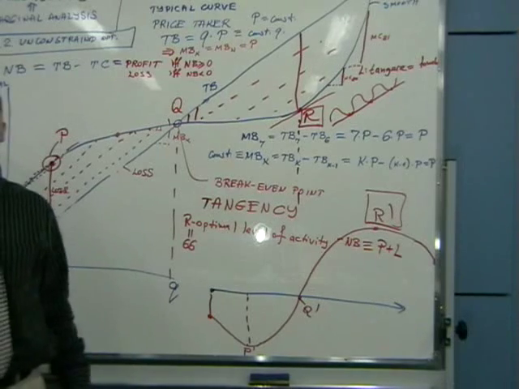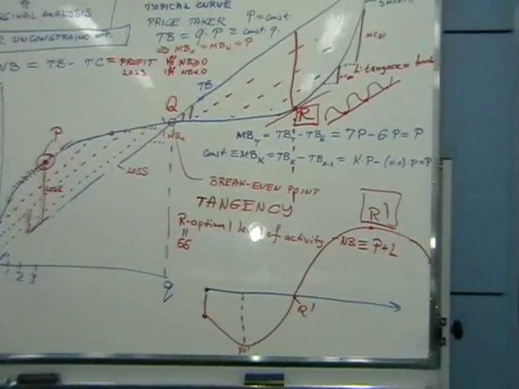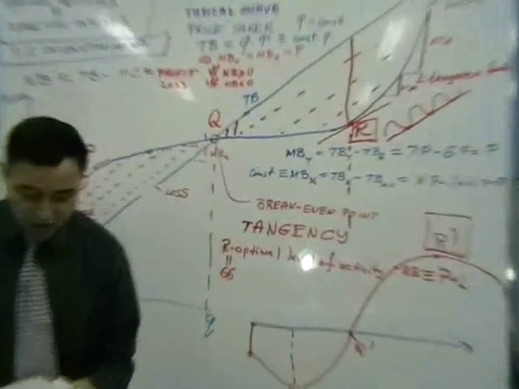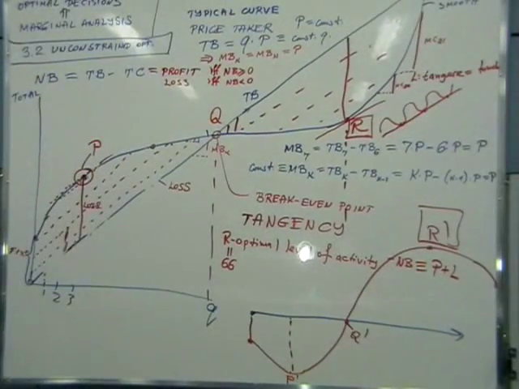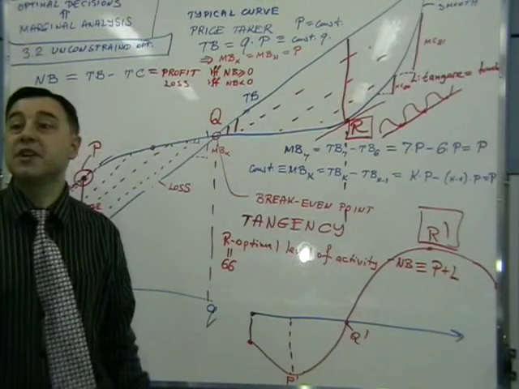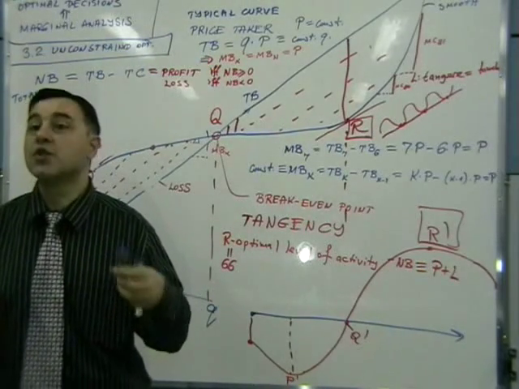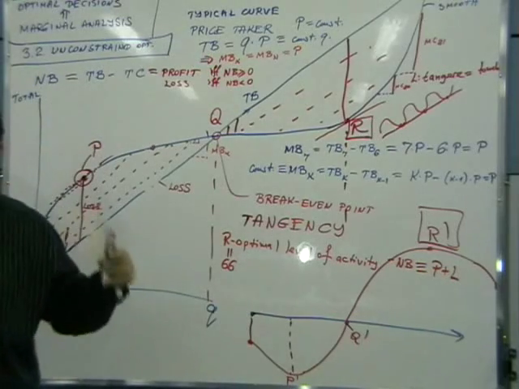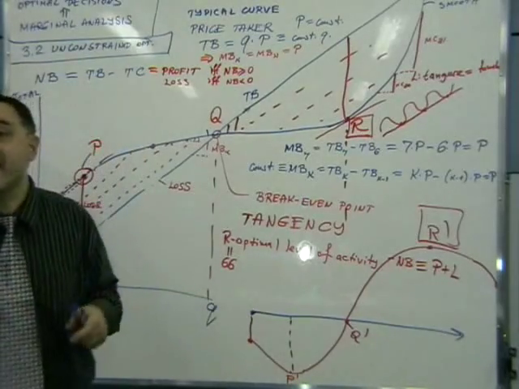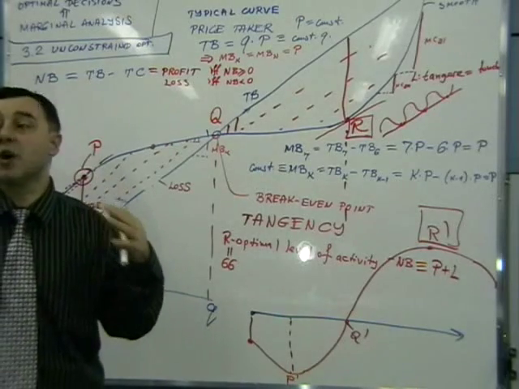All right. So, what is the principle for optimization? For those of you who have a textbook, possibly the same edition, this is on page 91 in the middle. So, the principle is this: we continue to increase the activity or the quantity as long as marginal benefit is higher than marginal cost.